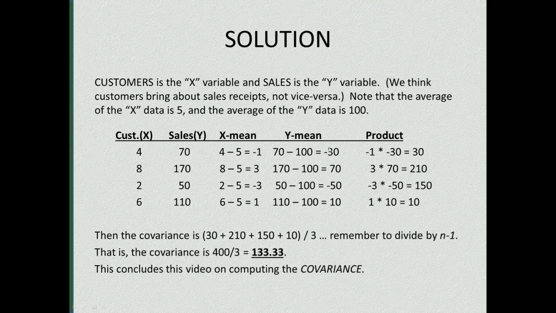We do X stuff times Y stuff, minus 1 times minus 30 is positive 30. Positive 3 times positive 70 is 210, and so on. Add them up, divide by n minus 1, our covariance is 133 and a third.